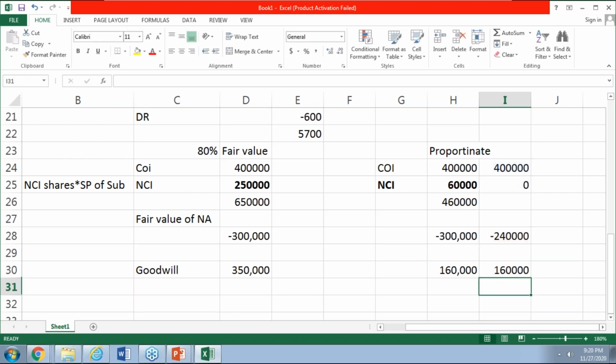I think handling this situation is simpler to understand. If you are taking the 80% cost of investment, then you can take 80% of the fair value of net assets, and you get the goodwill. These are both the ways to solve proportionate share.